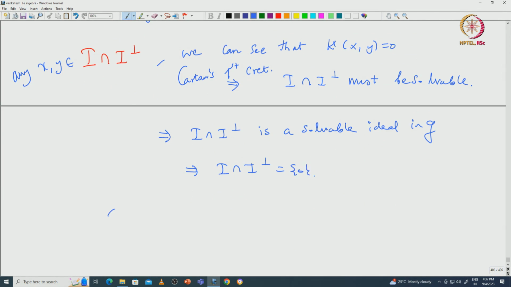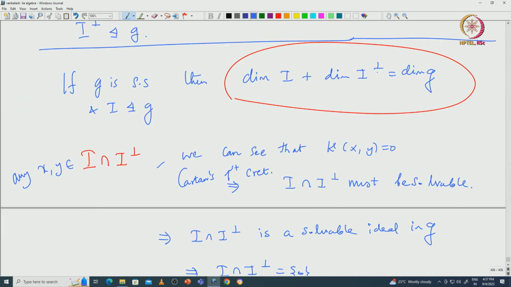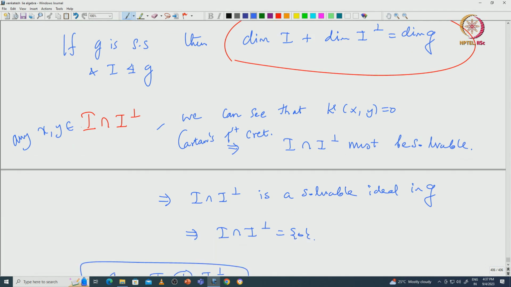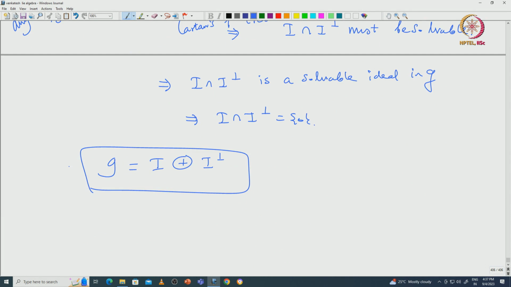So, this proves G is indeed equal to I direct sum I perp. Because the dimensions of I and I perp add up to the dimension of G, and I intersection I perp is 0, G must be equal to I direct sum I perp.